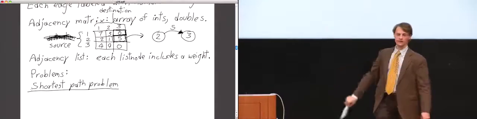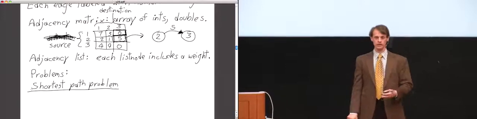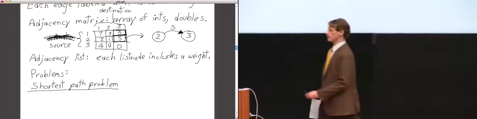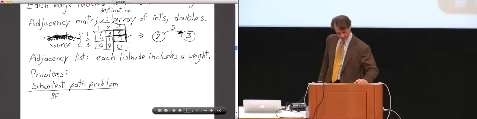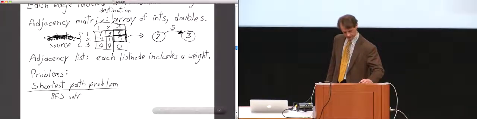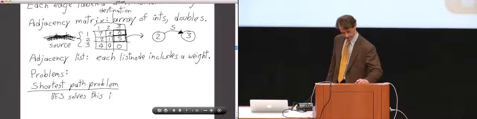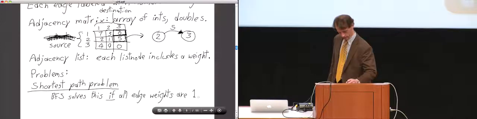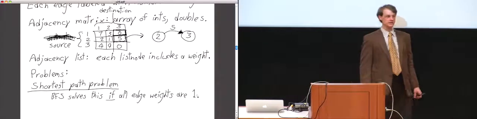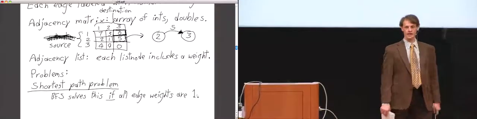Now, we have already just seen one way to solve a shortest path problem, which is that breadth first search solves this if all the edge weights are 1. And for some applications, that's all you need.